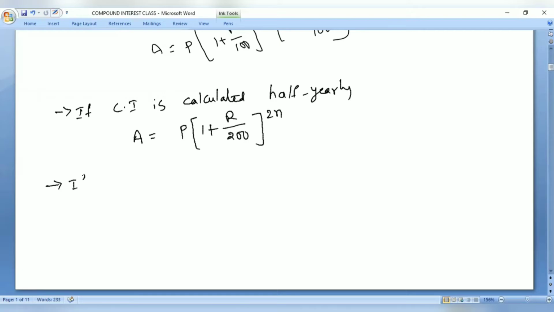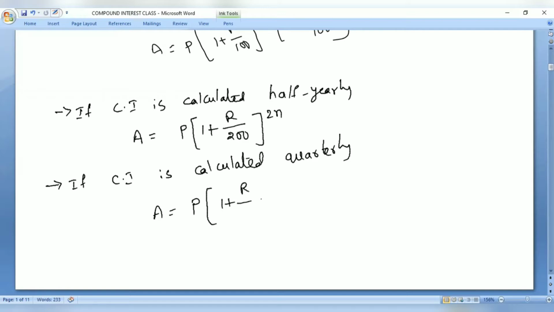Similarly, if compound interest is calculated quarterly, that means for every quarter, then the formula for amount is P into (1 plus R by 400) whole power 4n. This is the formula.